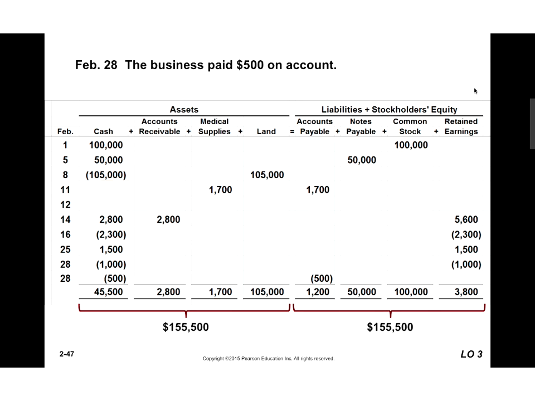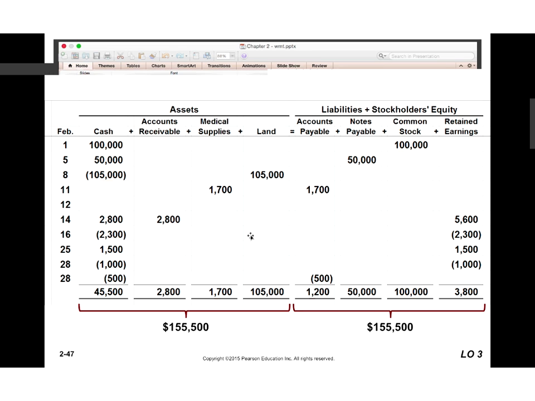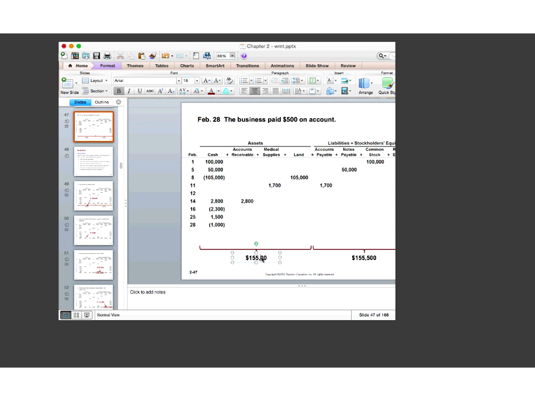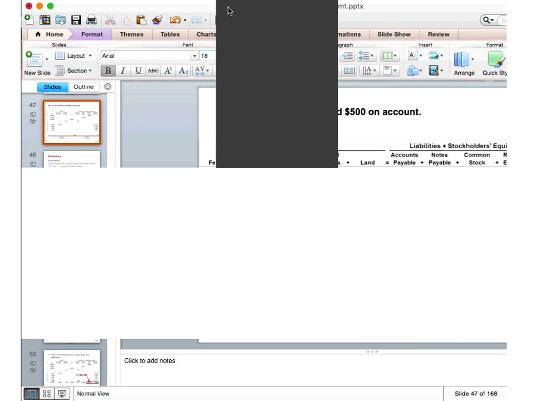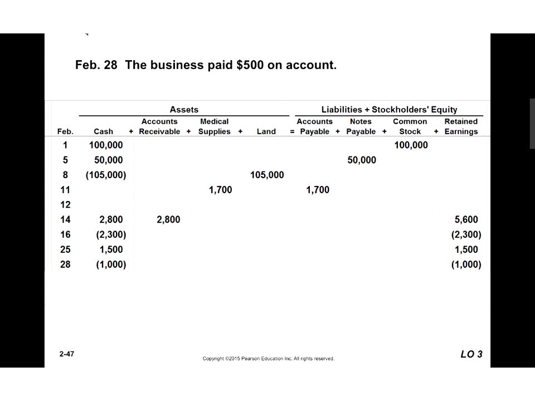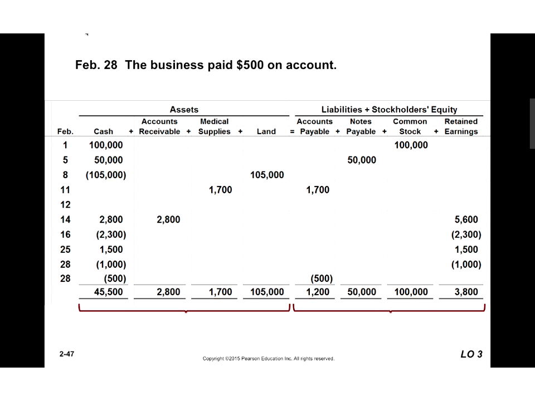I've got to make a correction here. Okay, so cash, if I add up all the numbers in the cash column, I get $45,500.